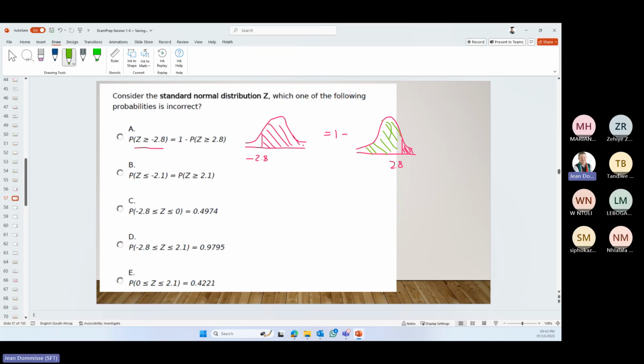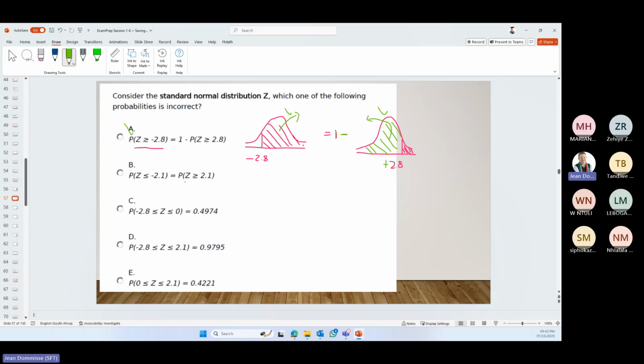So they want to know, are this probability and this probability the same size? And yes, they are. Plus 2.8 on this side, minus 2.8 on that side, it's symmetry, so it is the same. Because they said 1 minus, we are actually looking at the same area. So that is correct.